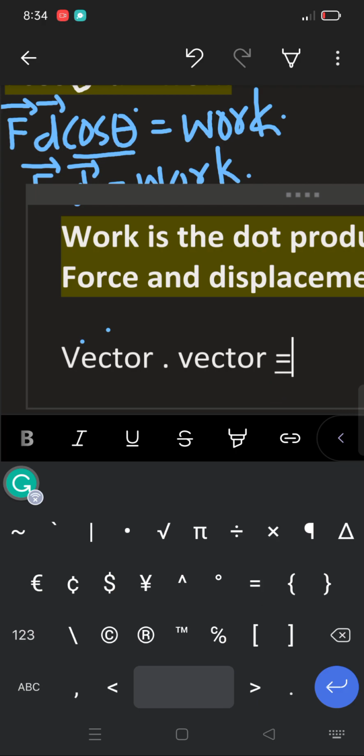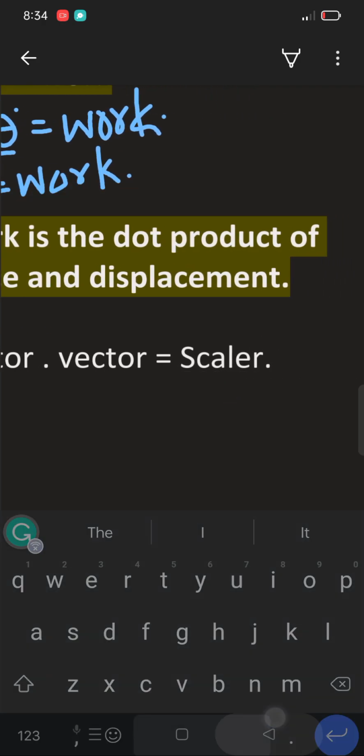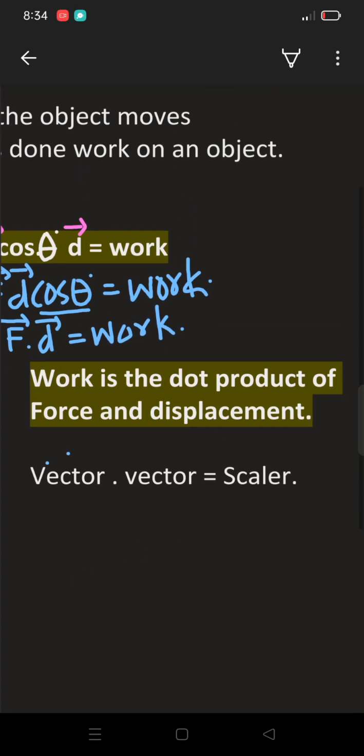Because I am taking the dot product of two vectors, it will always give me a scalar quantity. Means the dot between two vectors will always give me a scalar quantity as the product.